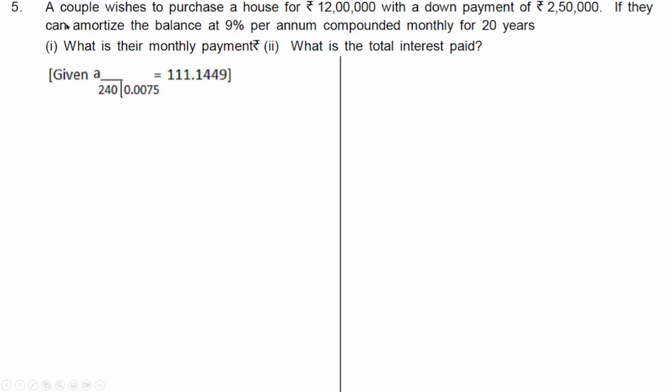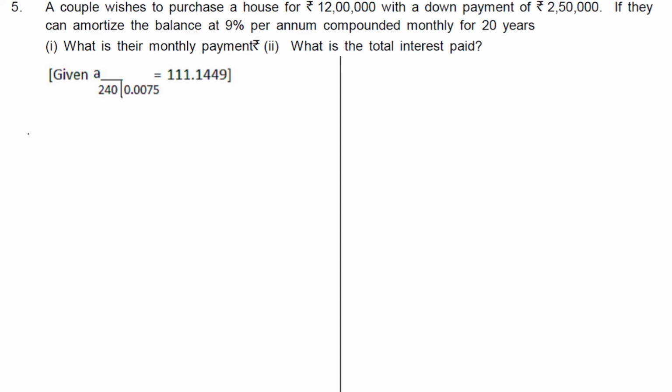So here it is given, a couple wishes to purchase a house for rupees 12 lakhs and they are making a down payment of rupees 2,50,000. So the amortized amount or the amount for which loan is taken will be the difference between these two amounts. They are amortizing the balance at 9% per annum compounded monthly for 20 years. So let us find the monthly payment.